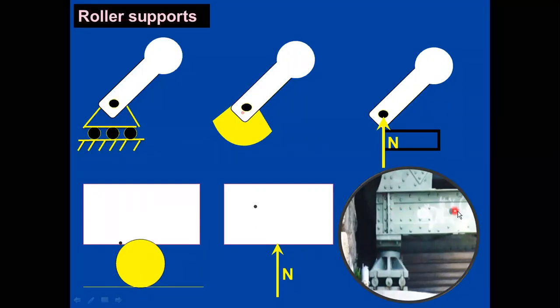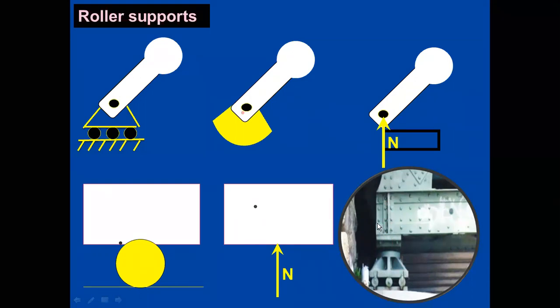The entire load coming from this steel beam has been transported to these rollers. This is the roller support. It takes whatever load is coming from this beam. This roller support we can easily rotate. Correct? We can take this beam and easily rotate it. But this roller support provides a reaction against the load coming vertically downwards.